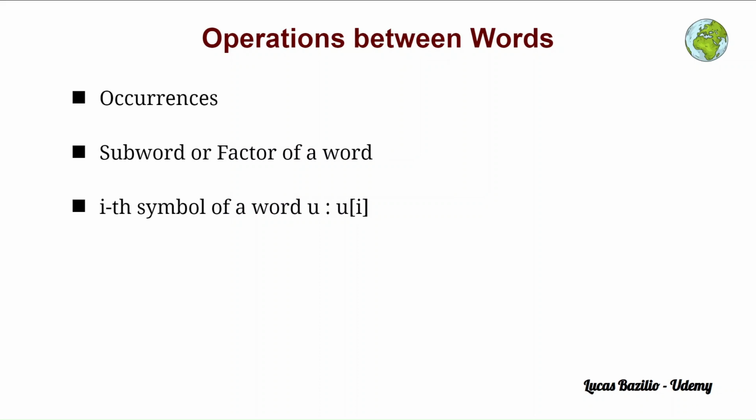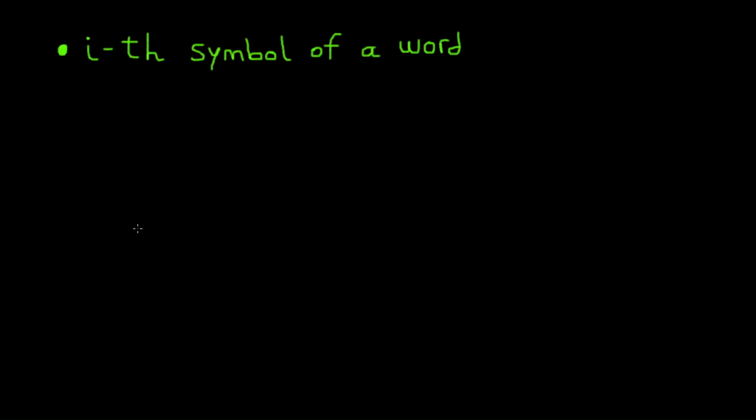Students that are used to working with arrays or vectors will be familiar with this notation. To access the symbol at the position i, we just write u, and between square brackets we write this index i.